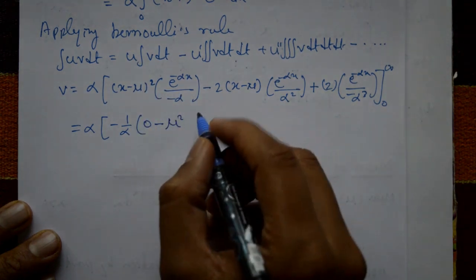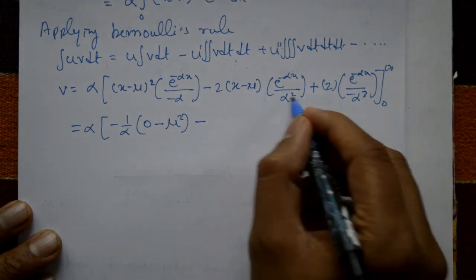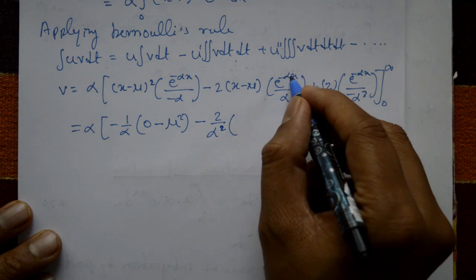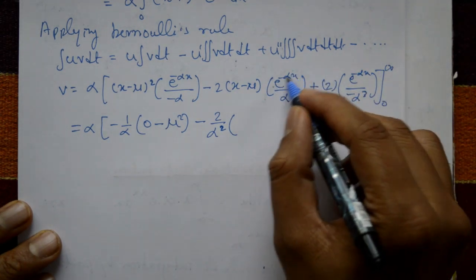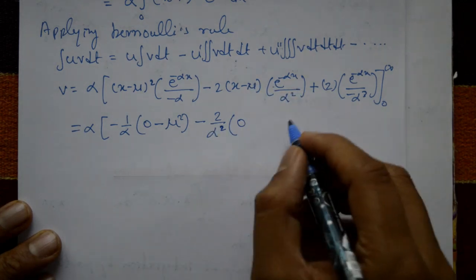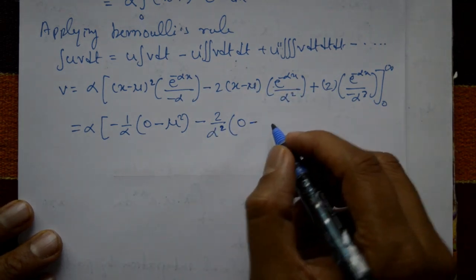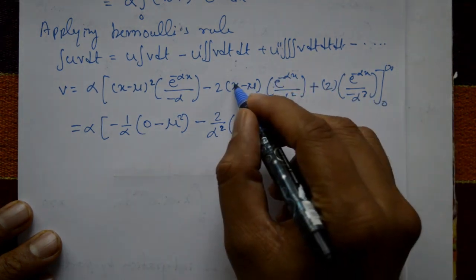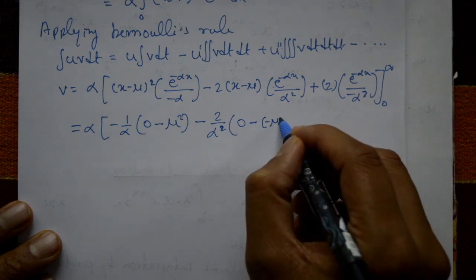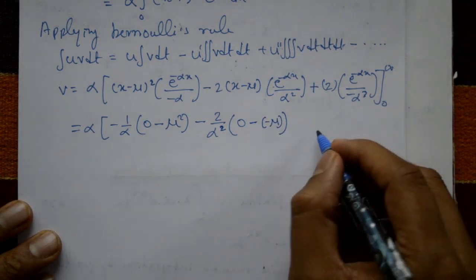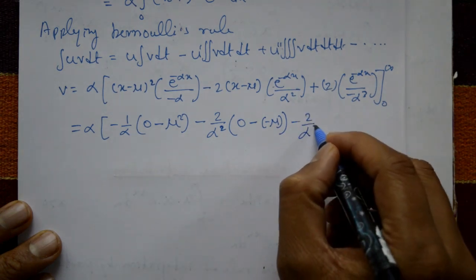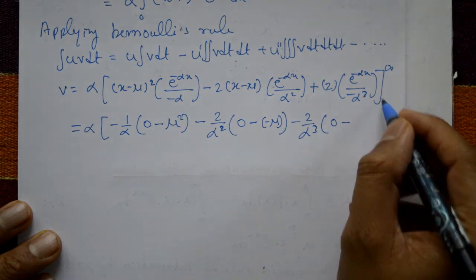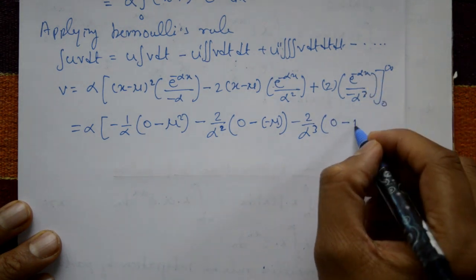Okay, this is mu square minus 2 by alpha square outside, inside is (x minus mu) into e raised to minus alpha x, put x is equal to infinity, e raised to minus infinity is 0, 0 into this one is 0, minus. Okay, and put x is equal to 0, minus mu, e raised to 0 is 1, x is 0, minus mu, remaining minus mu, and next is minus 2 by alpha cube outside, inside is e raised to minus infinity 0 minus e raised to 0, which is 1.